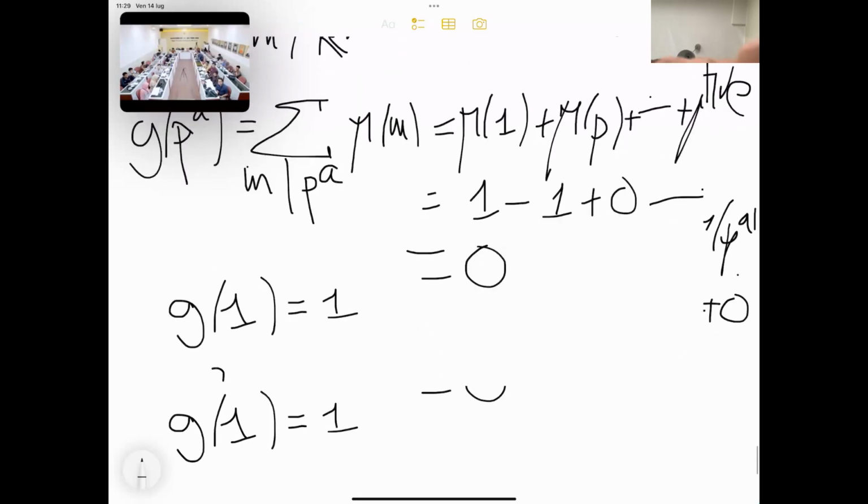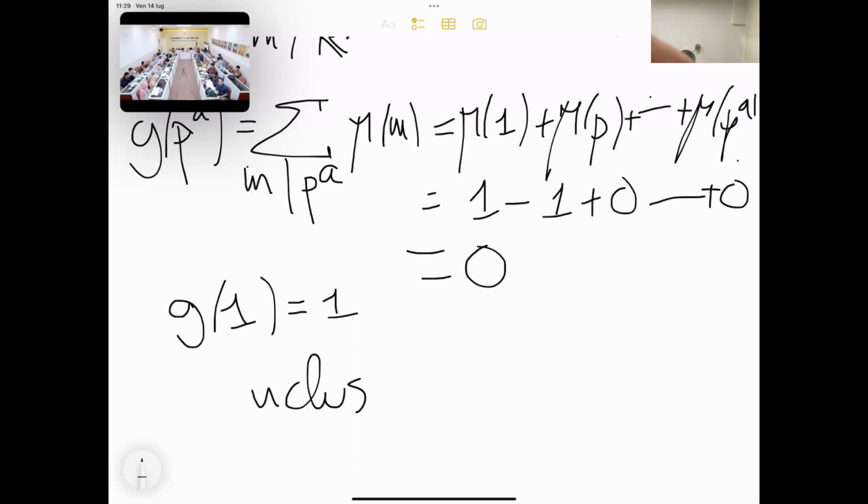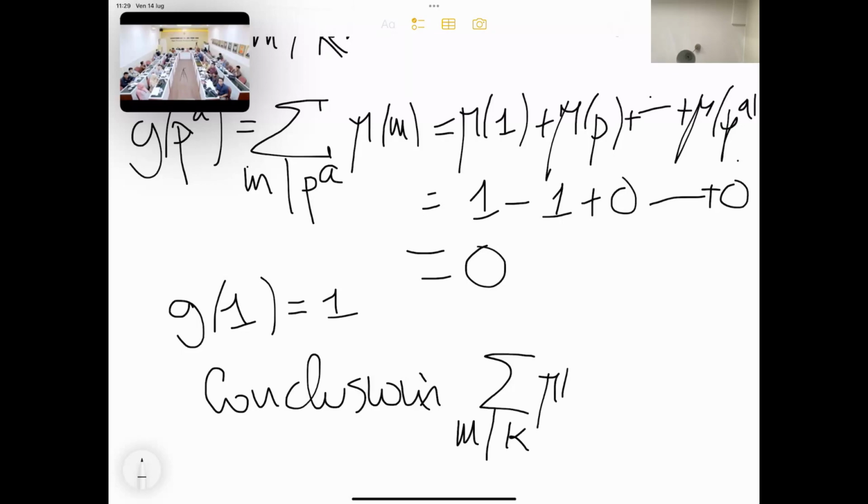So the conclusion is that the sum over m dividing k of mu of m is a multiplicative function, so it's the product of its values on prime powers. But on prime powers, we have checked, it is always 0. And so this is 0 for k different from 1, and this is 1 for k equal to 1.